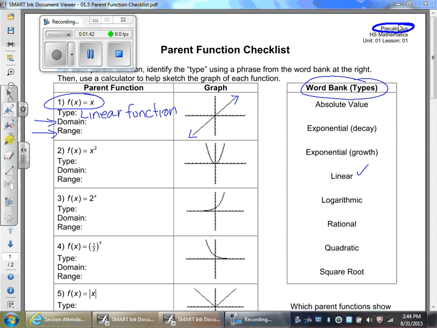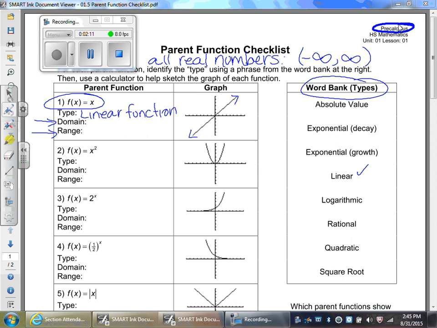Now for domain, we're talking about the independent values or the input, in this case the x values, right? So in this case, we're going to consider all real numbers. And instead of writing the whole thing, all real numbers, we're going to use the interval notation, and that will be from negative infinity to positive infinity.